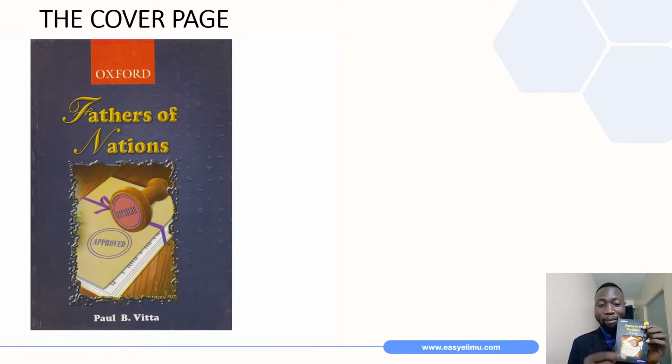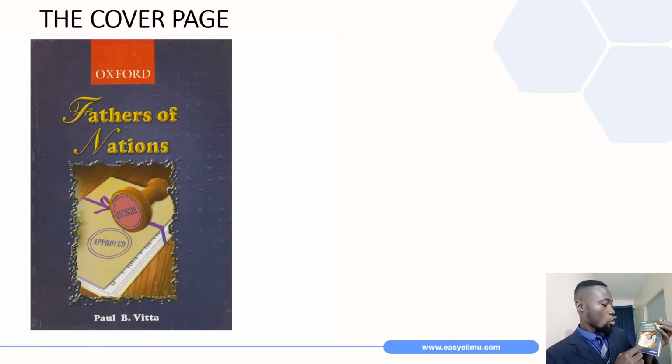I don't know if you are able to see it from the image that I have in the video, or maybe if you have this set book, you are able to see that we have got a document and we have two words. The first word is actually on the stamp, and it is written rejected. The second word is on the document, sorry, written approved.